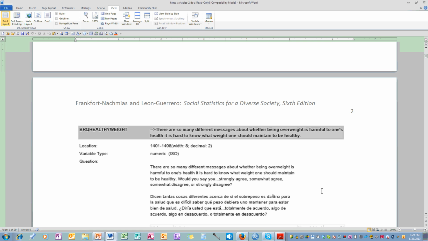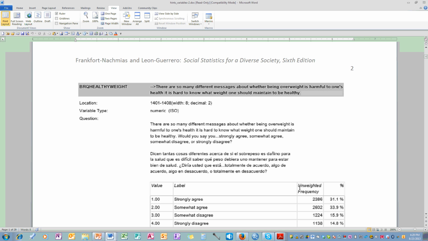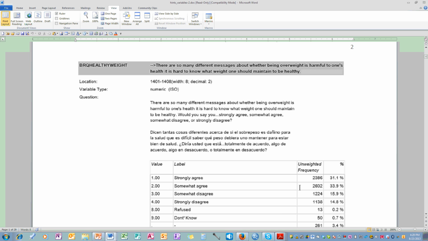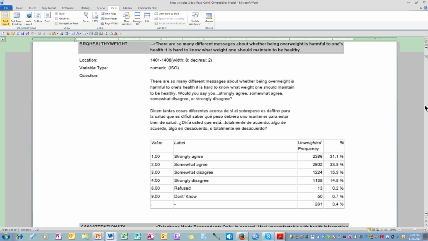And here's a question. There are so many different messages about whether being overweight is harmful to one's health. It is hard to know what weight one should maintain to be healthy. Would you say you strongly agree, somewhat agree, or strongly disagree with that statement? Okay, questions on weight and other questions. Okay, so that's the HINTS codebook.